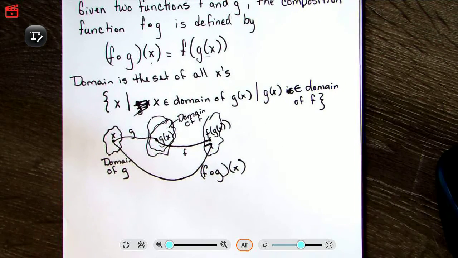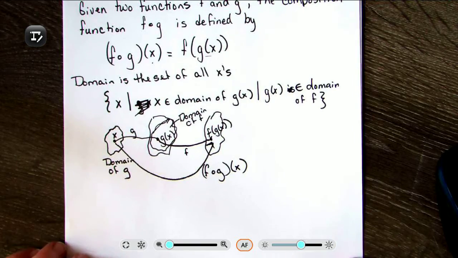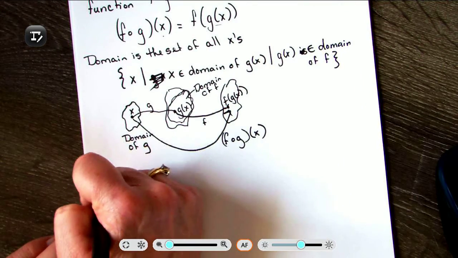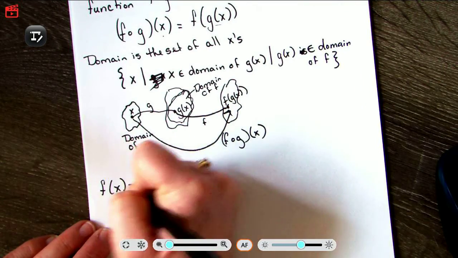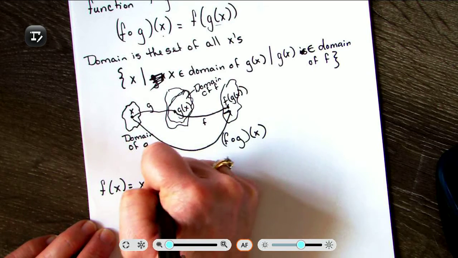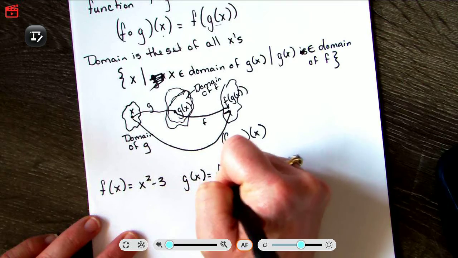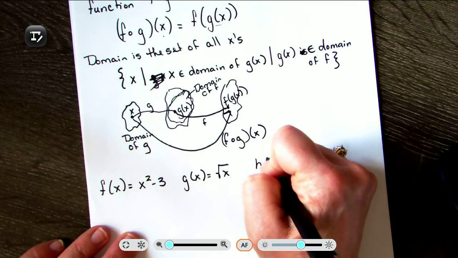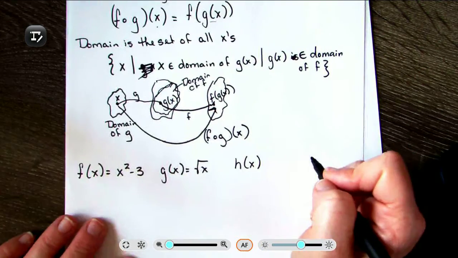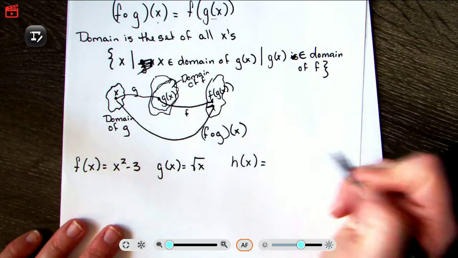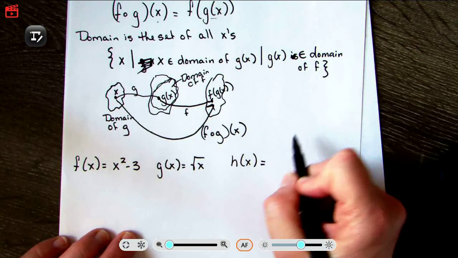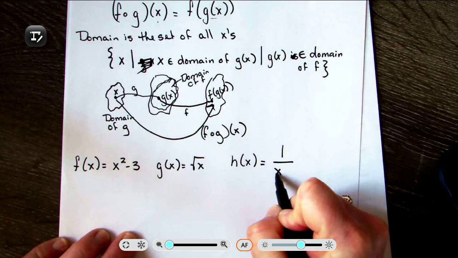So let's look at some examples, the ones we'd used before. We had f of x equal to x squared minus 3. My g of x was the square root of x, and h of x was 1 over x minus 2.